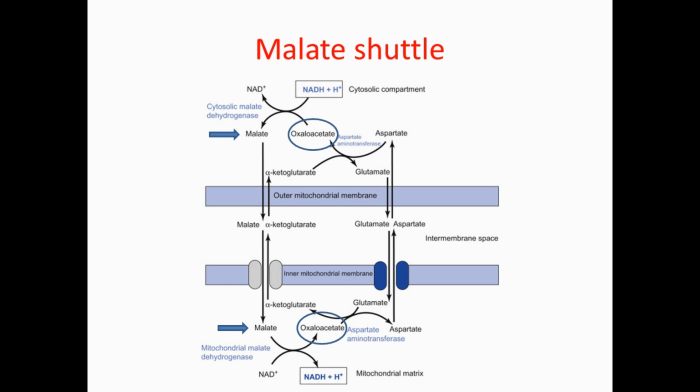That oxaloacetate we have to get out, so it will convert into aspartate, and that aspartate will be transferred out by special transporters into the cytosol, and that's how NADH is transferred into the mitochondria.